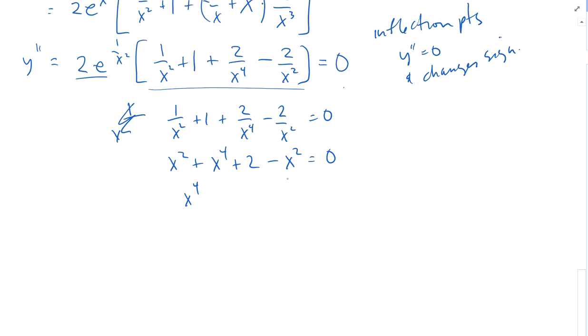Looks to me like I'm losing my x squareds. I get x to the 4th equals negative 2, and therefore no solution, which tells me that nowhere is y double prime equal to 0.